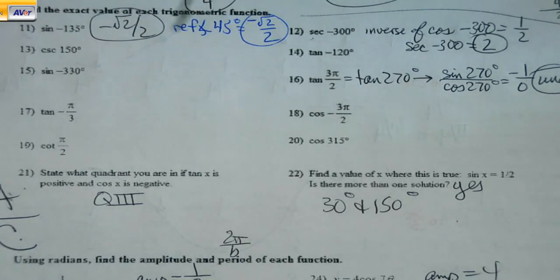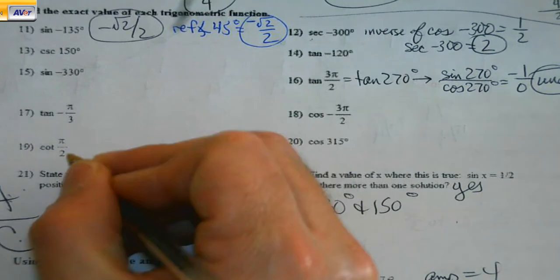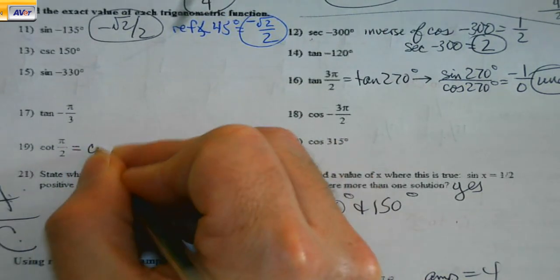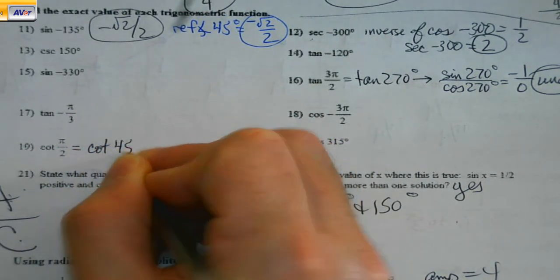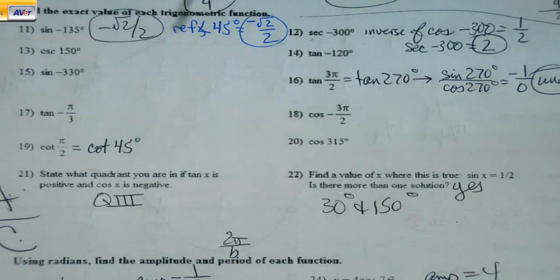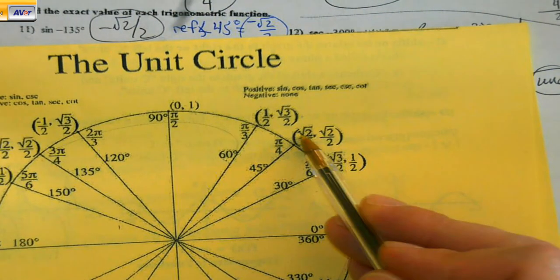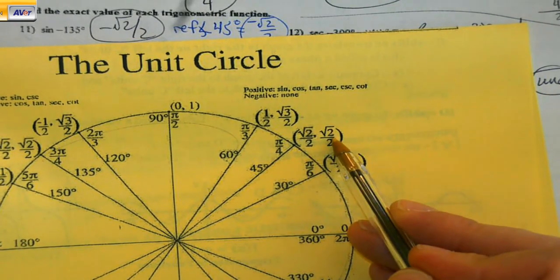Okay. Let's throw another one of these twisters in. Cotangent of pi over 2. Okay. Fun times here. Cotangent of 45 degrees. Now the nice thing on this one, it's 45 degrees. You're like, why is that so nice? Remember, 45 degrees, cosine and sine are the exact same value.